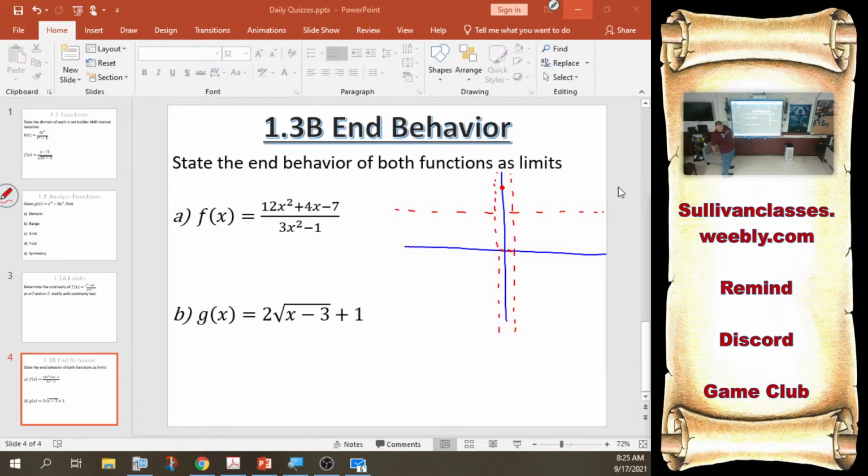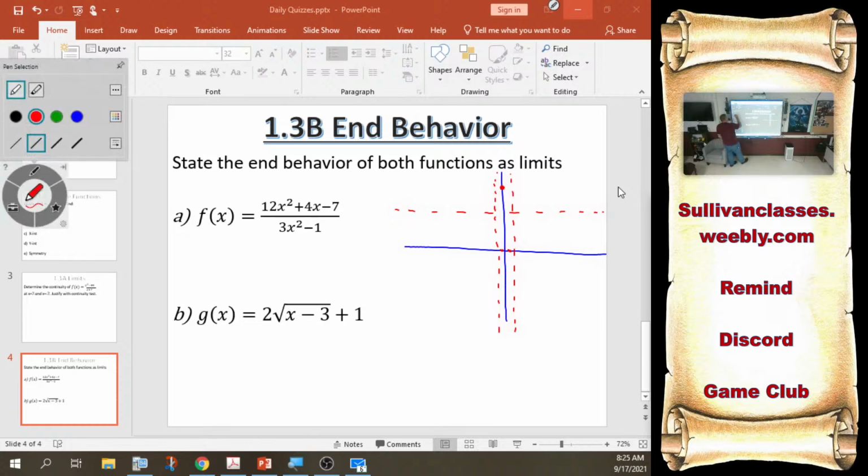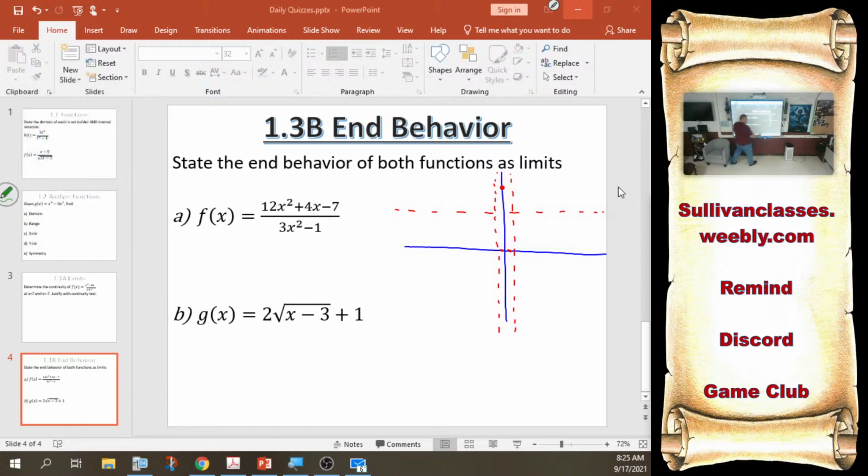Does it cross through the horizontal asymptote? Oh, those are my x-intercepts. They're on the outsides because I can't count. Okay, never mind.